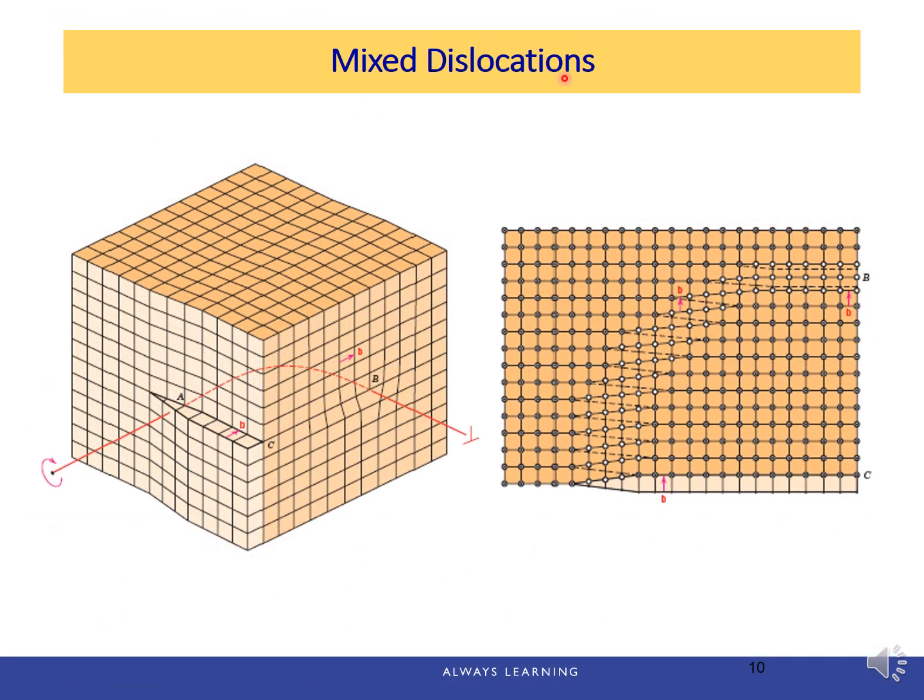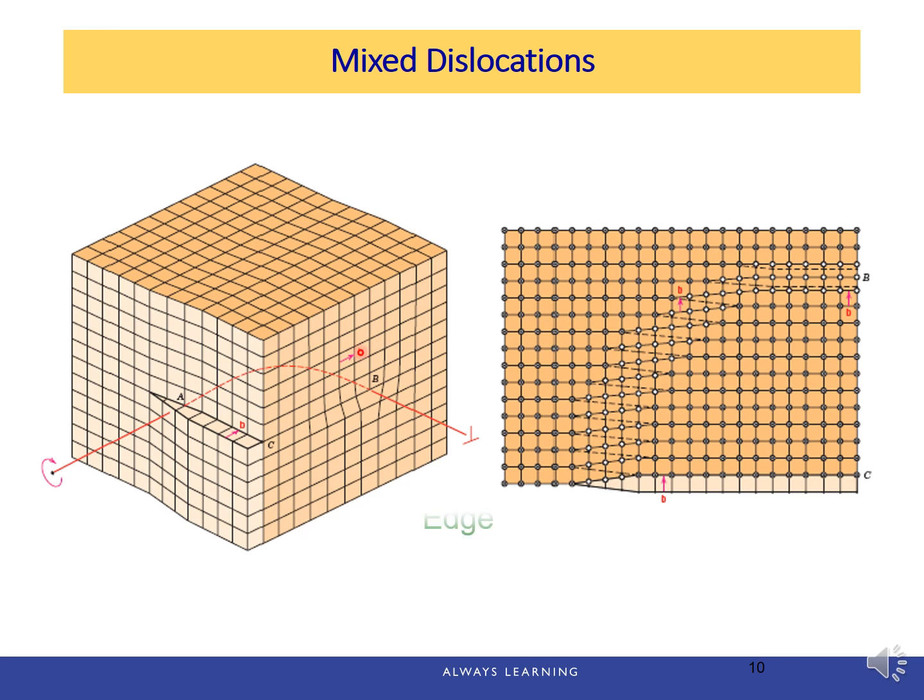Most dislocations found in crystalline materials are probably neither pure edge nor pure screw, but exhibit components of both types, and these are termed mixed dislocations. All three dislocation types are represented schematically in the following figure.